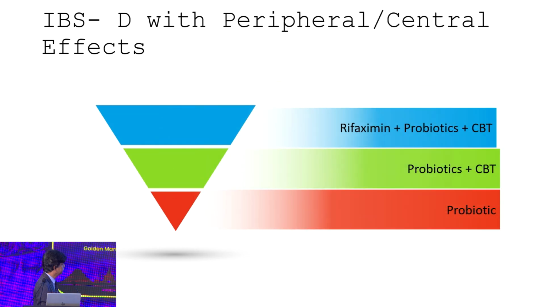Very similarly, if somebody has diarrhea-predominant IBS, we can use a locally effective antibiotic like rifaximin, a probiotic, and to mitigate the central effect, we can use cognitive behavioral therapy, then we come down the ladder. So this aggressive treatment can help children so that they have less suffering and no consequences. This is the proposed model for moving forward with children with functional abdominal pain.